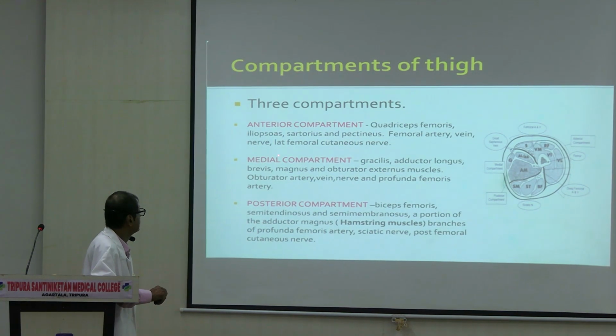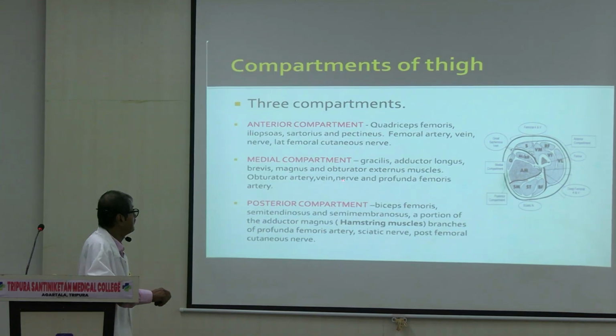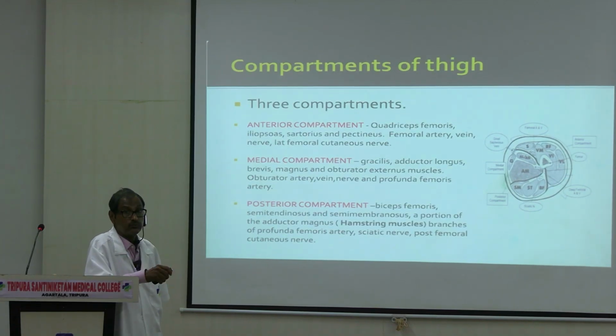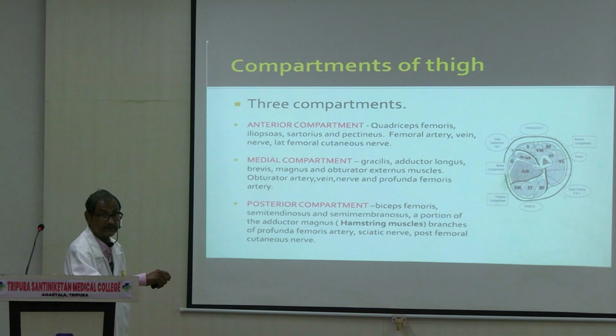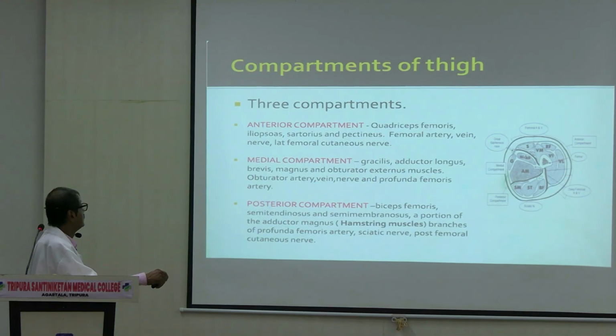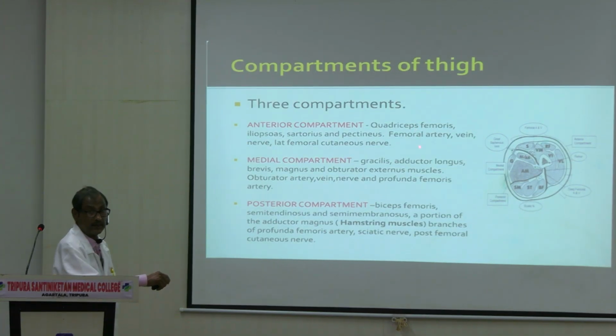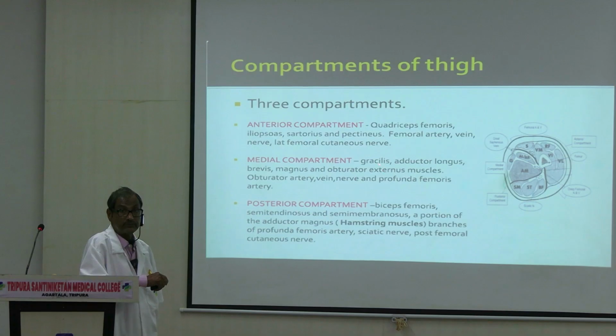In the medial compartment, basically these are the adductors, and the anterior compartment has the quadriceps muscle. Quadriceps means four heads. What are the muscles? Vastus medialis, lateralis, intermedius, and rectus femoris.